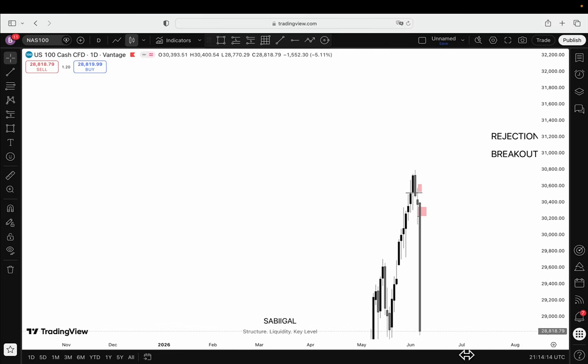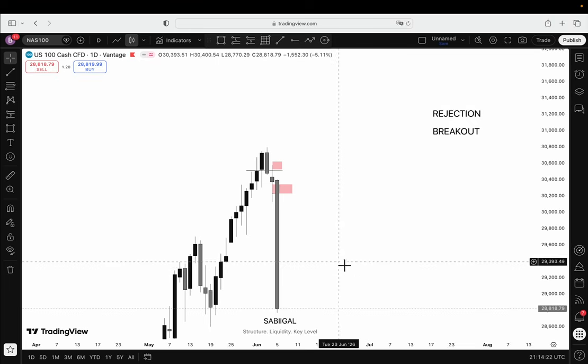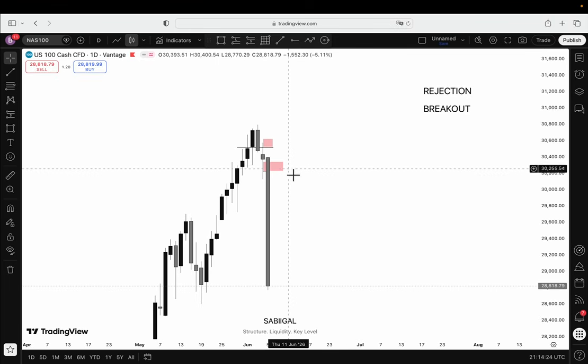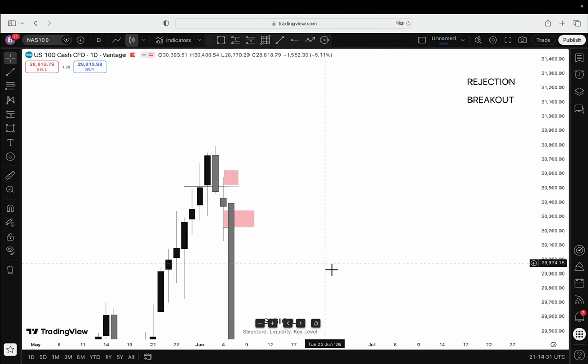So if we are following from the rejection, it gives us a clear direction, because you know what it means for price to reject at a point of interest.